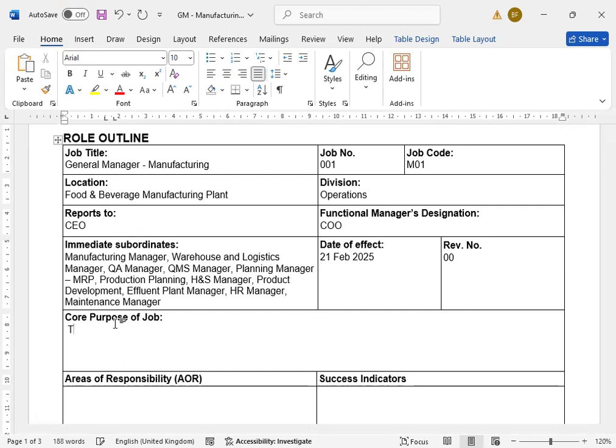So I would say he is going to be the overall leader of all the functions: warehouse, engineering, maintenance, production, inbound and outbound warehouses, product development, HR, health and safety manager, etc. So he's going to lead these people.